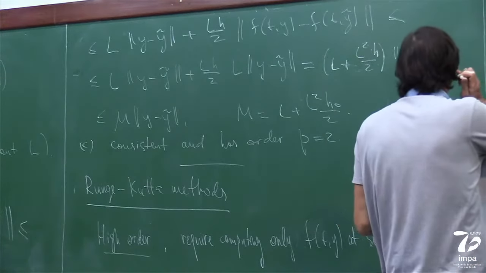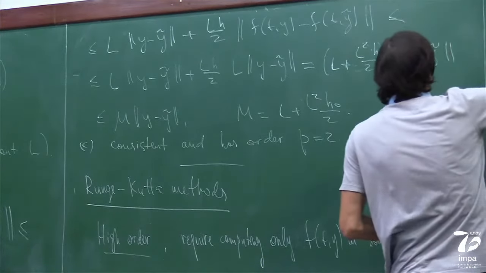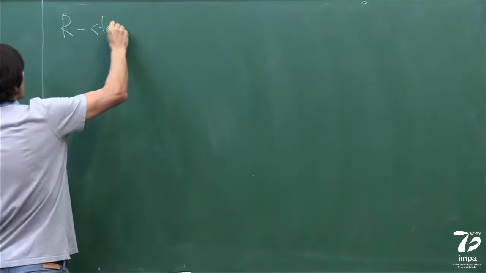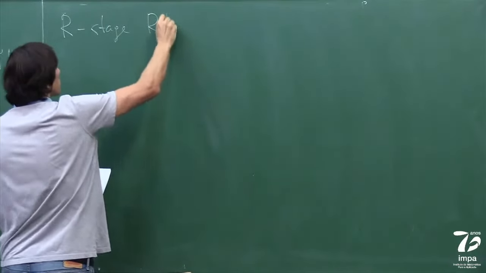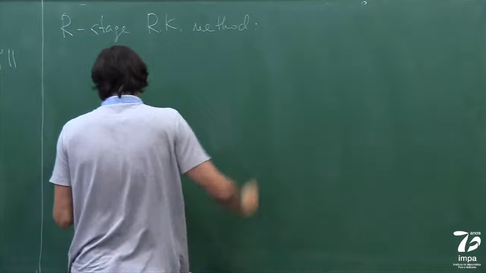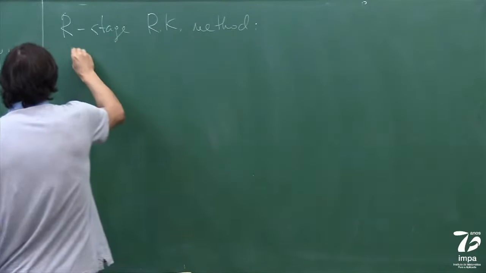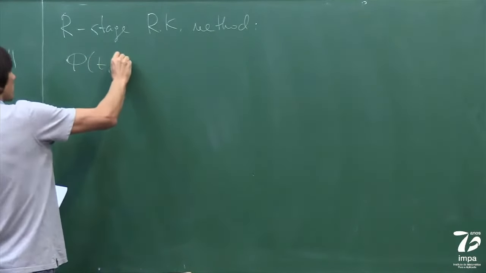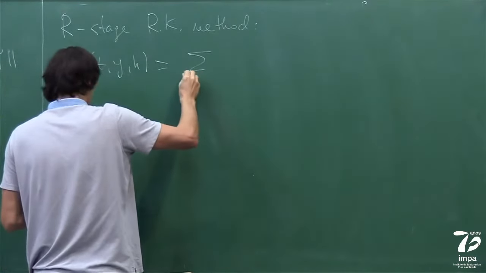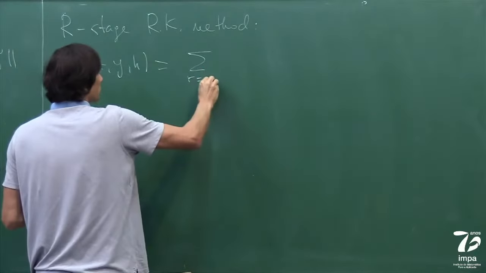So the r-stage Runge-Kutta method can be formalized just as a function which is a sum of r terms.